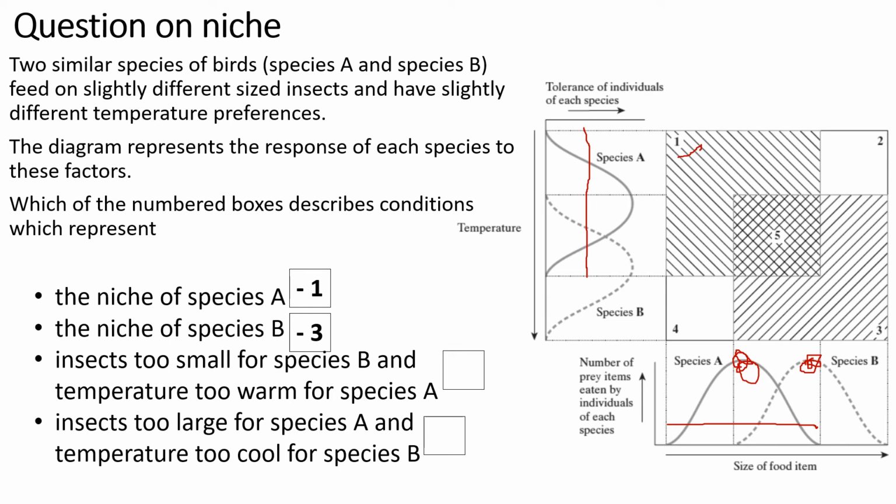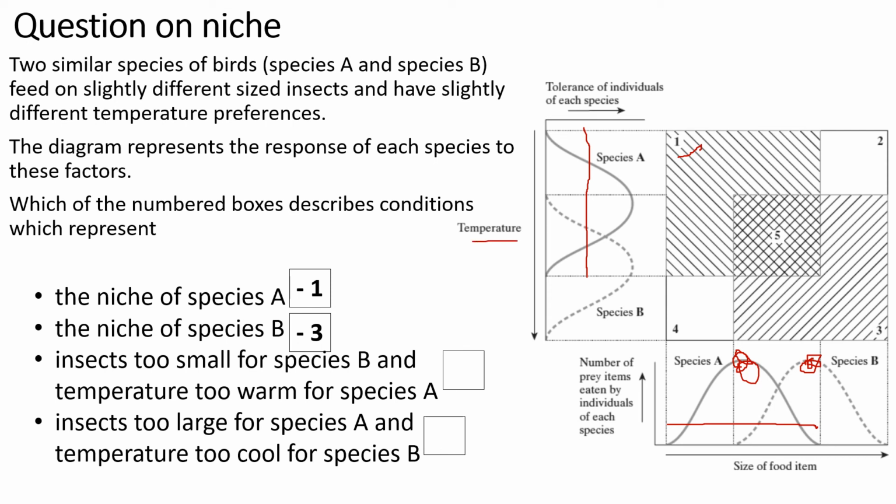The next question says, insects too small for species B and temperature too warm for species A. So we're looking at temperature, we're looking at where species A are, and we're using the left hand side. Here's temperature.